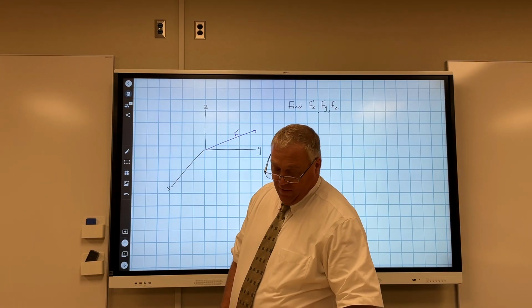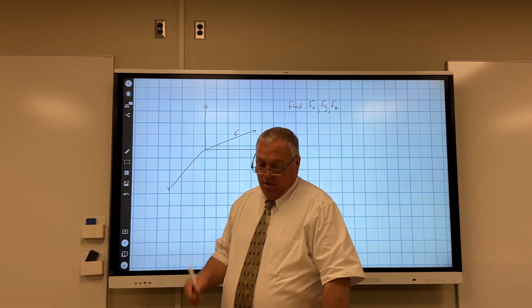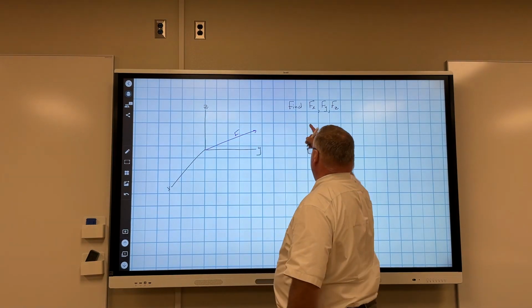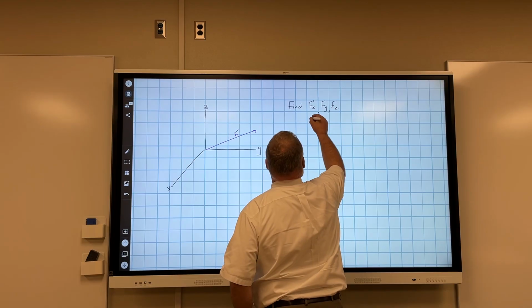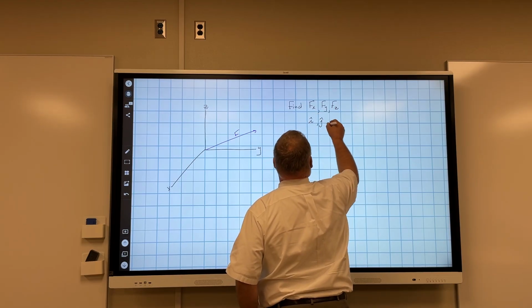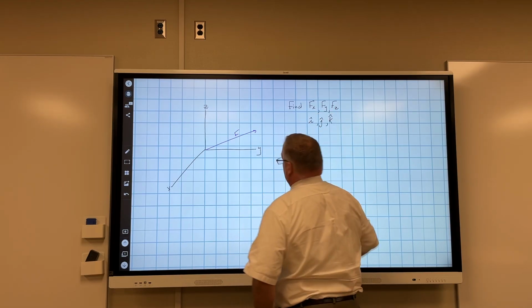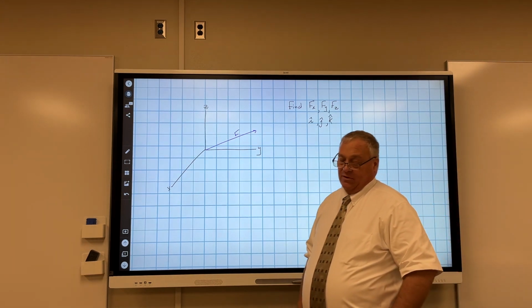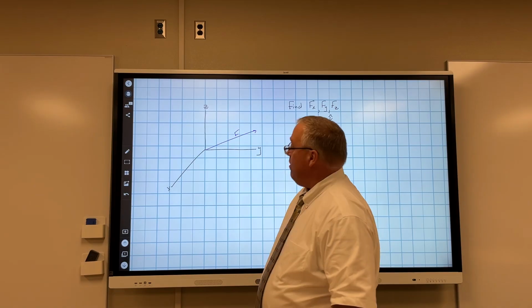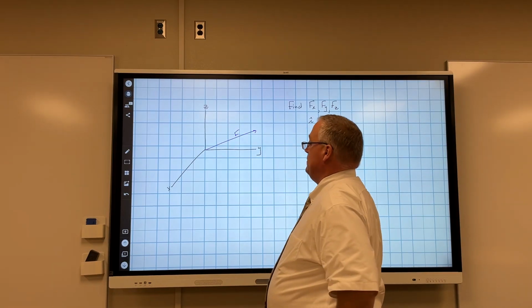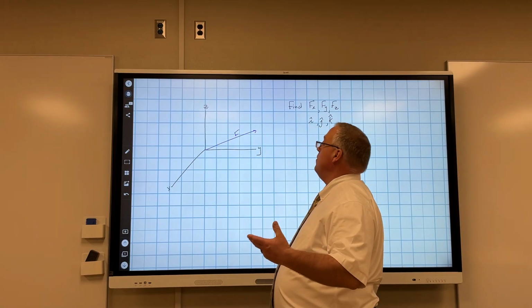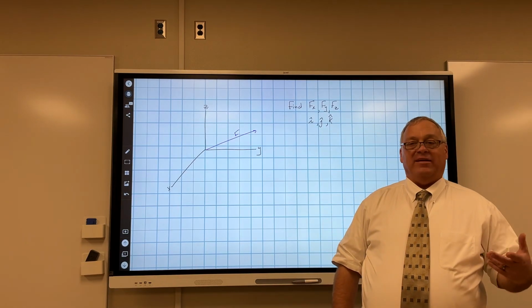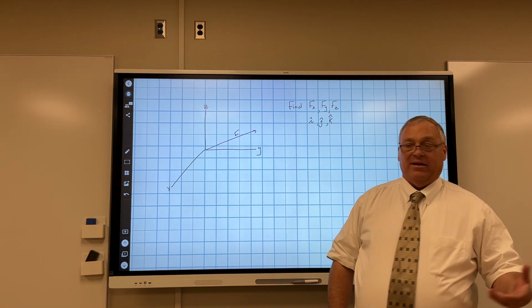So how can we approach this? Well, we need to find the I, J, and K unit vector components within this thing. So let's draw some things on here. What do we know? Do we know positive directions? Yes.